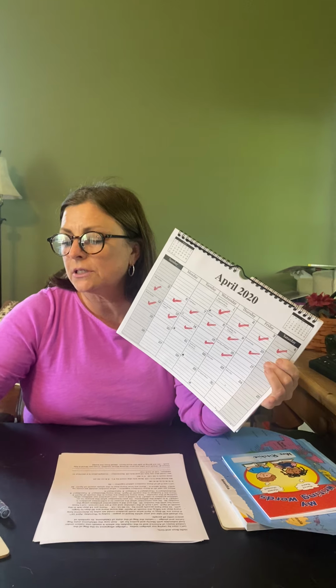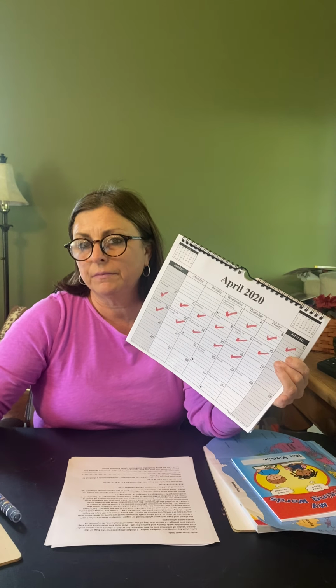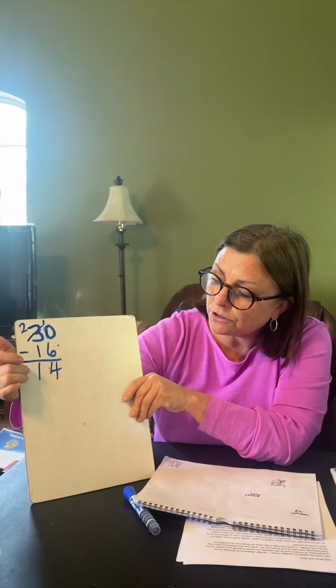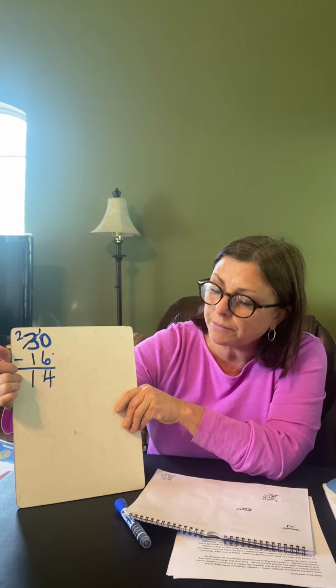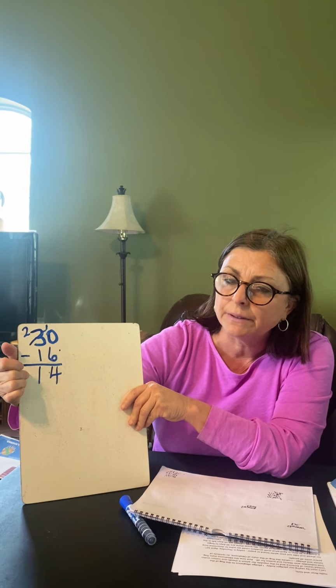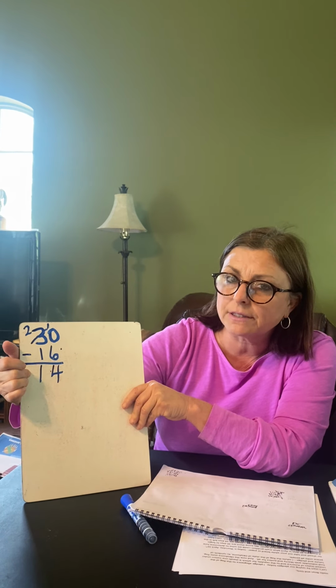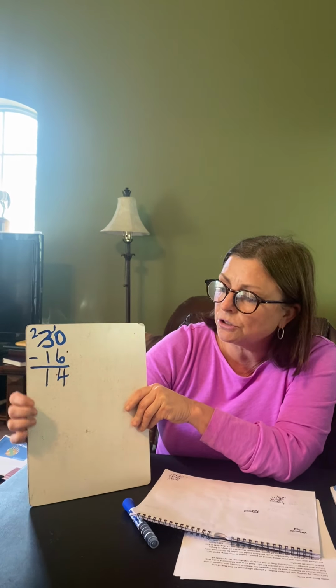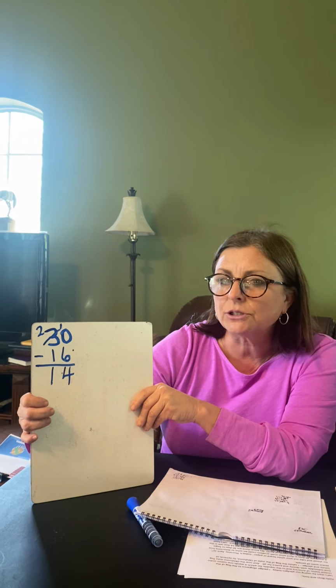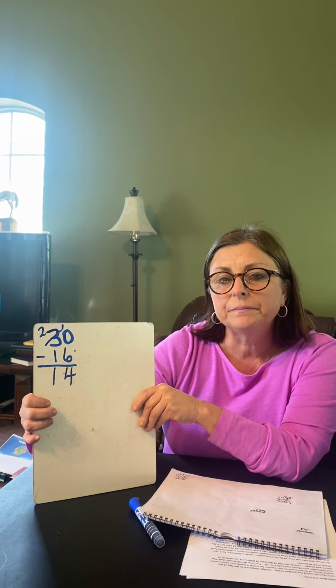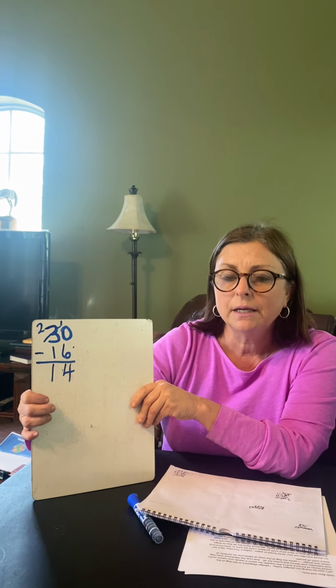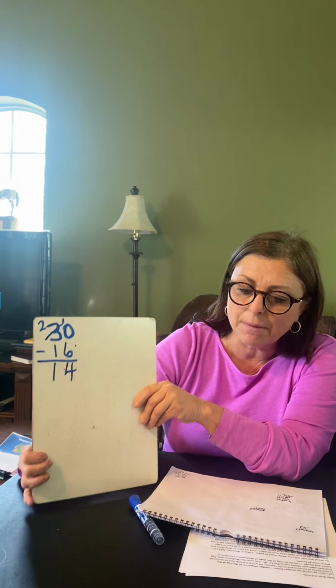So we just used a subtraction problem to figure out how many days are left. Do you remember what the answer to a subtraction problem is called? It has a special name. It is the difference. The answer to a subtraction problem is the difference. What about the answer to an addition problem? It's called the sum, S-U-M, sum.